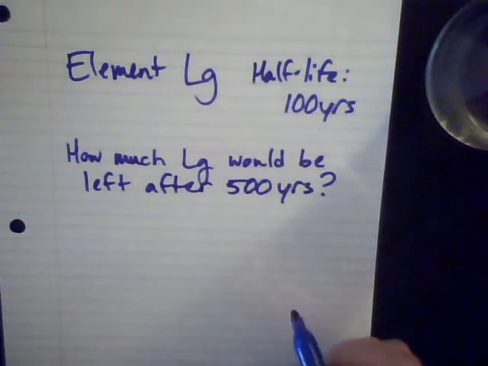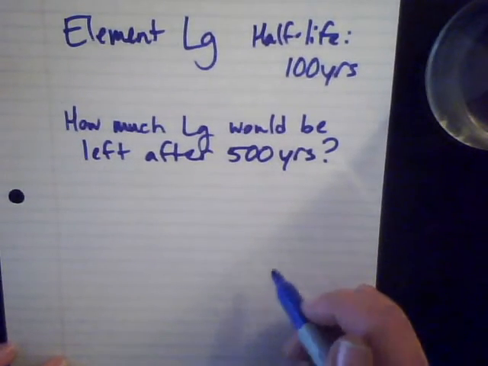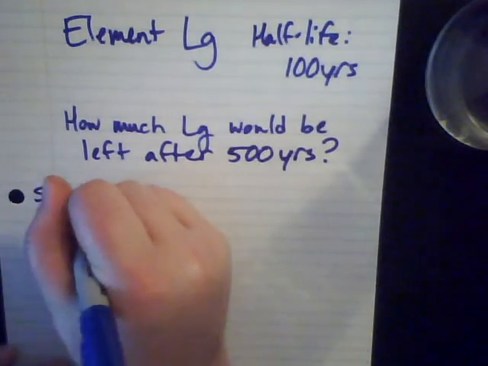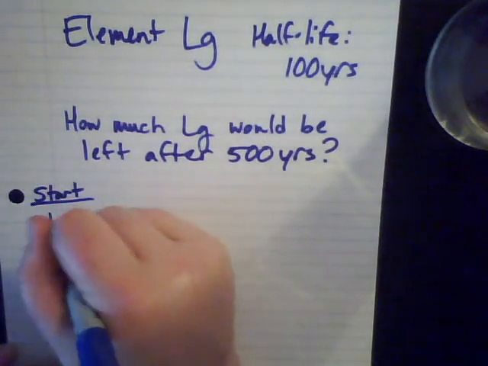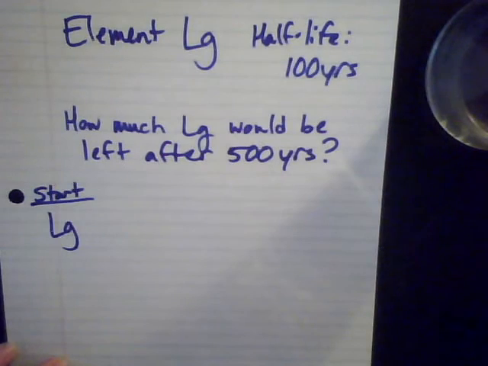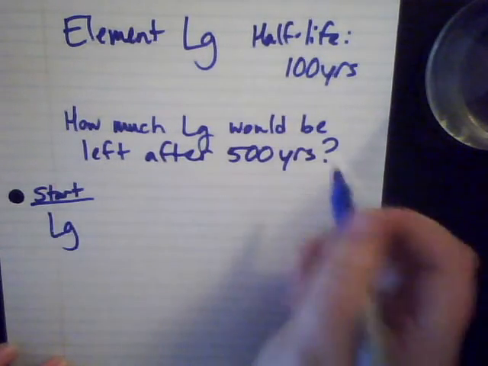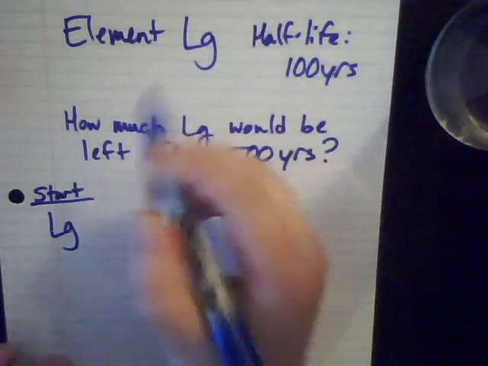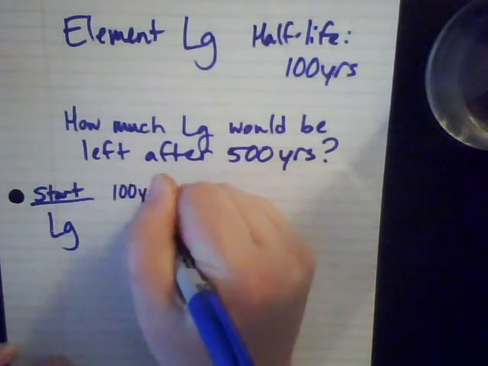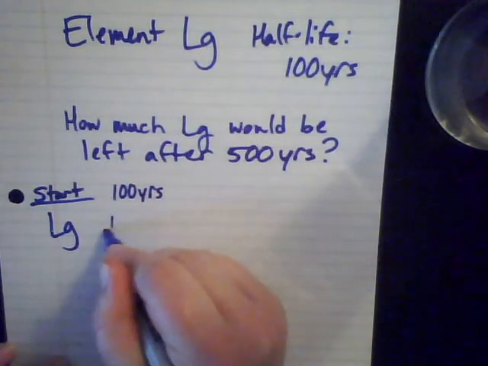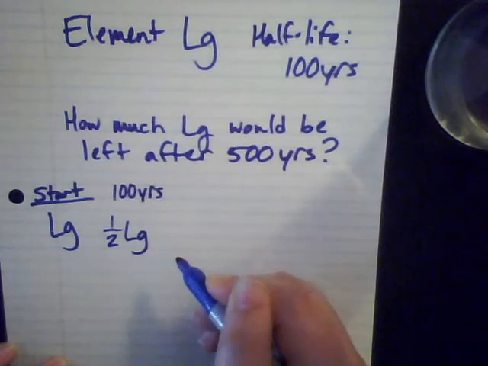Okay, so we can set this up the same way. So at our start time, we have all of our element, that's all of it. And then after my half-life, 100 years, now I have half, that's my definition.